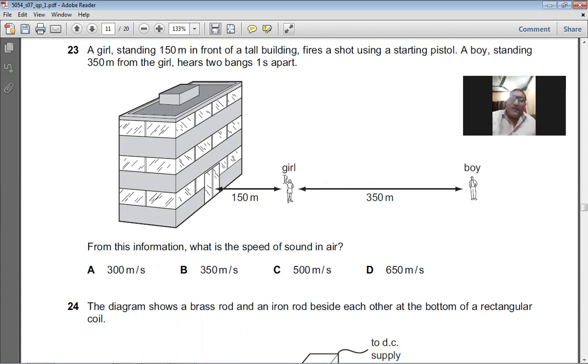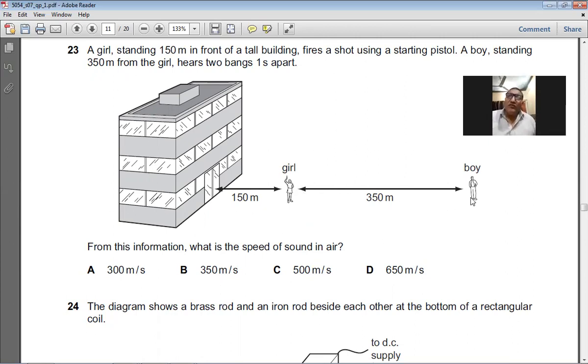So this second sound wave, which went to the building, got reflected and came to the boy, has covered 150, 150, and 350. So totally this is 650 meters.